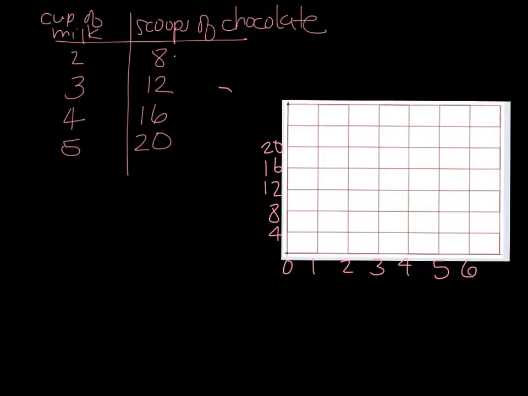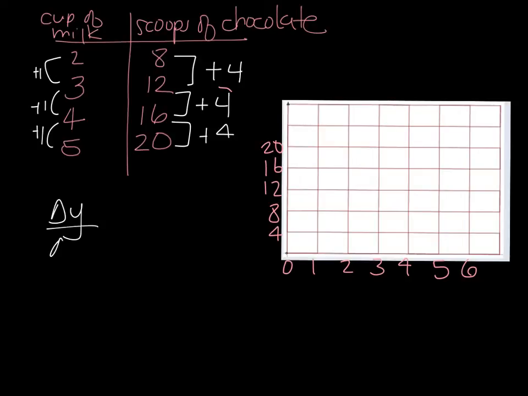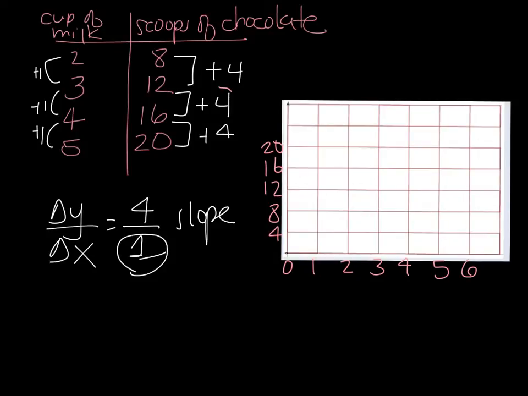So slope is plus 4, plus 4, plus 4, plus 1, plus 1, plus 1. The change in y over change in x is 4 over 1. That is my slope. That is also my unit rate, because it has the 1 in the denominator, right?